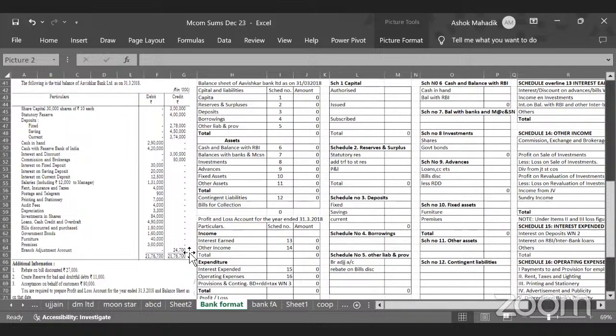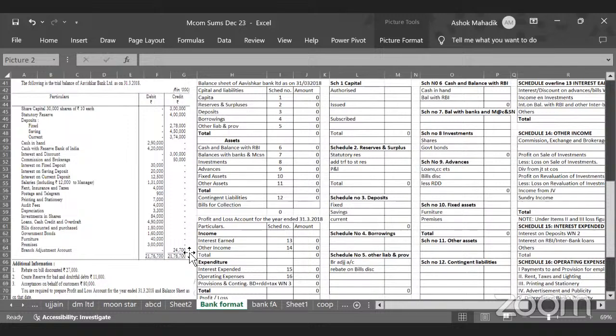But they sound the same, that is interest on loans, interest on deposits. So it is better to have a trial balance, because you will be able to recognize it very easily. The one appearing in the debit column will be interest expense, schedule 15, and the one on the credit side in the trial balance will be your income, that is schedule number 13.